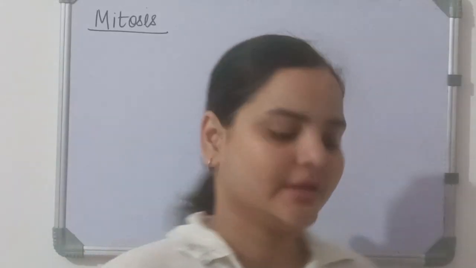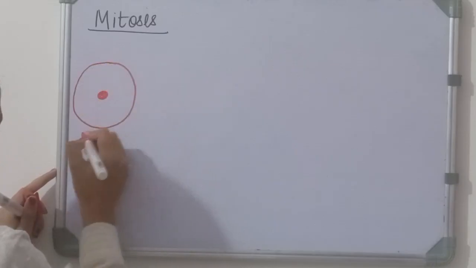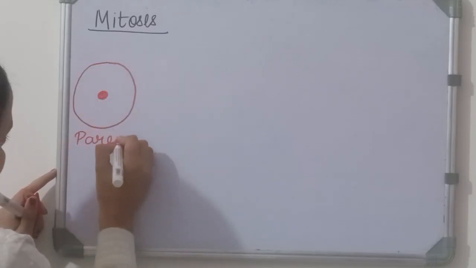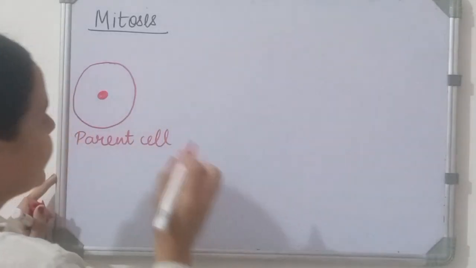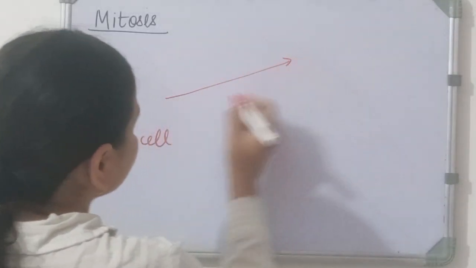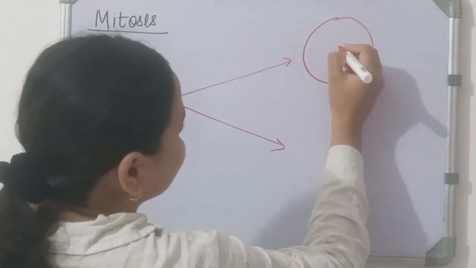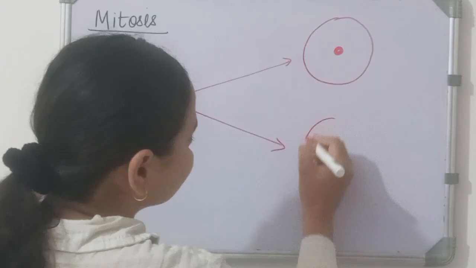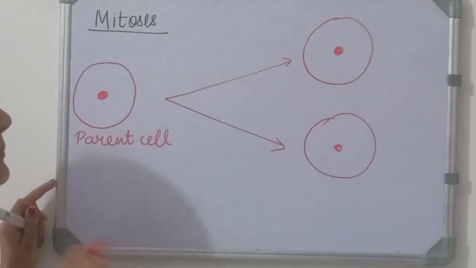Let's understand mitosis through this simple diagram, okay? This is our parent cell. This parent cell divides and forms two daughter cells, and these two daughter cells are exactly identical to the parent cell.